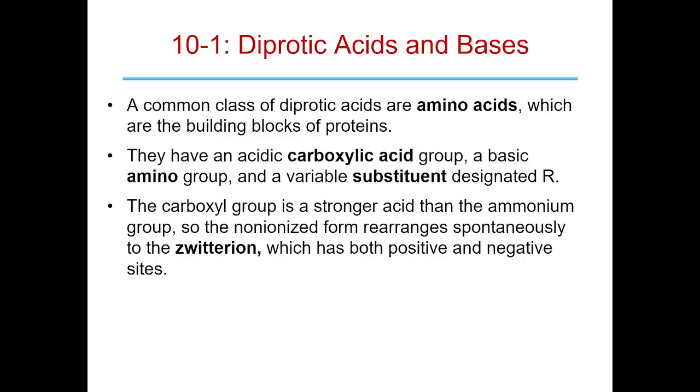Okay. The carboxyl group is a stronger acid than the ammonium group, so the non-ionized form rearranges spontaneously to the zwitterion. What does zwitterion mean, by the way? Okay, Zwitter means two-handed, in case you're wondering. It means two. Like a Zweihänder sword would be a two-handed sword.